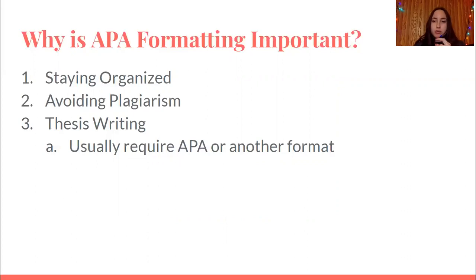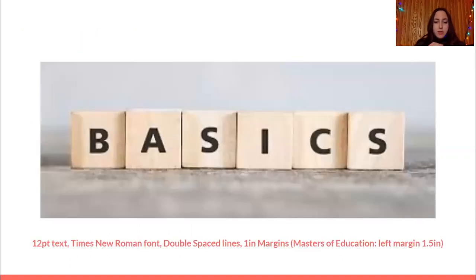Thesis writing is huge when it comes to APA. You always want to be using whatever citation is proper or suggested for your thesis. But when it comes to APA theses, this is a great resource, and I'm going to talk about how to use it properly. So if you're working on a thesis right now that's using APA, I hope I can answer all of your questions.